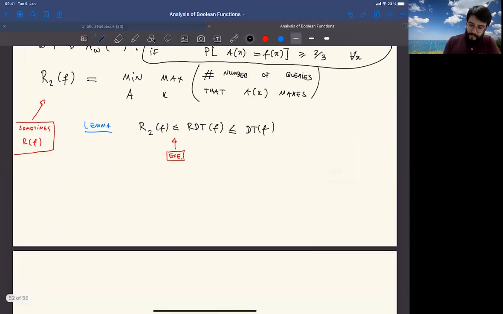So let me prove a lemma. The previous lemma was sort of obvious here and more or less obvious there, and this is an exercise for you. Let me prove some lemma linking these two complexity measures I just gave.